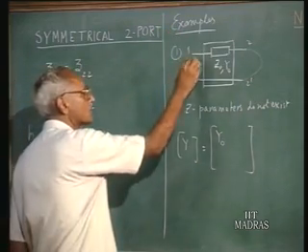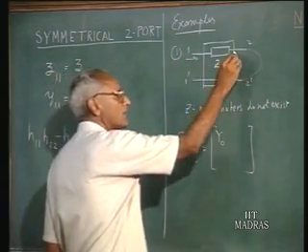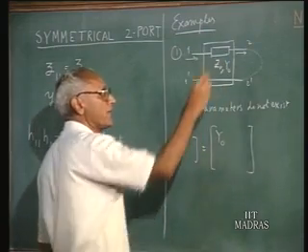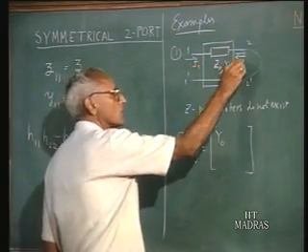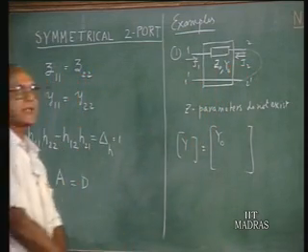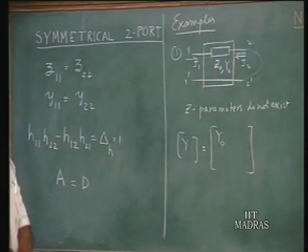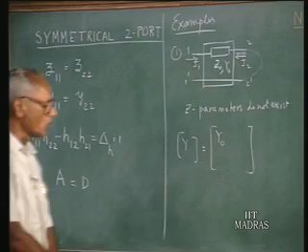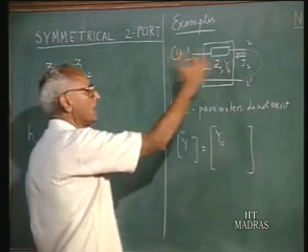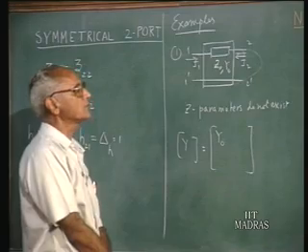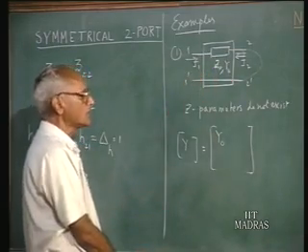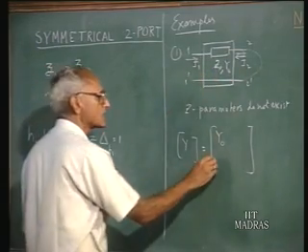That is I1. The same current flows here also, but in our definition, this is I1 and this is I2, so I2 happens to be minus Y0 times V1. The definition of Y21 is I2 divided by V1 when port 2 is short circuited. Therefore Y21 equals minus Y0.